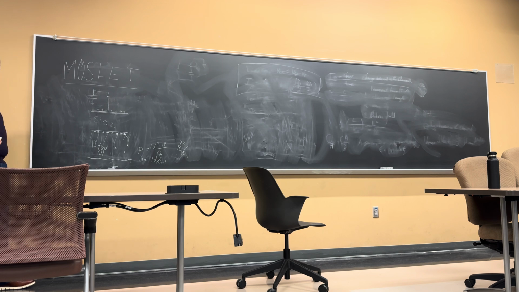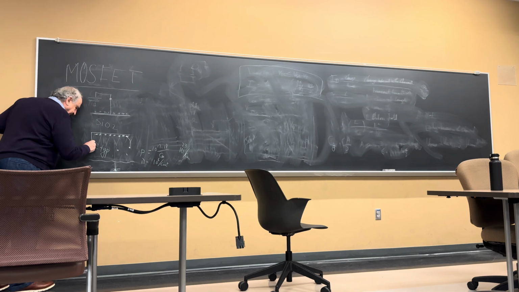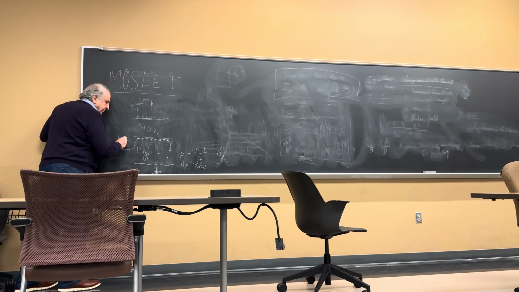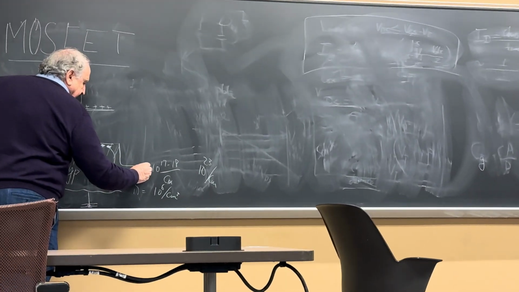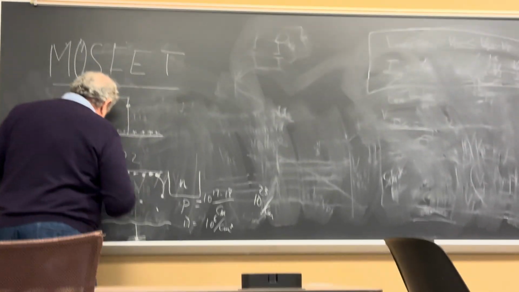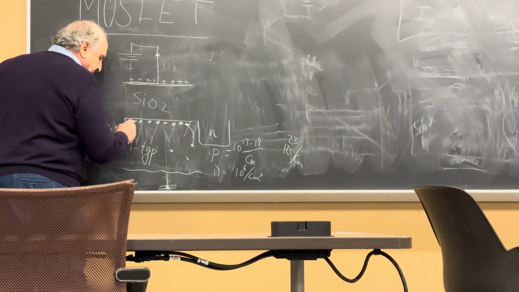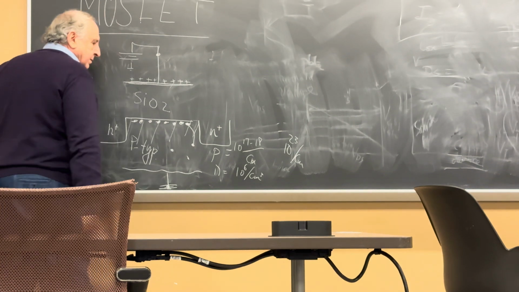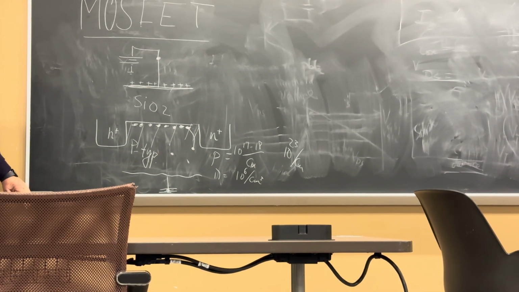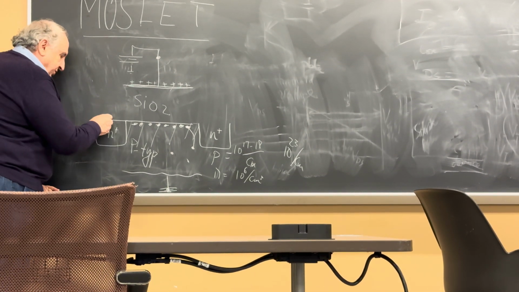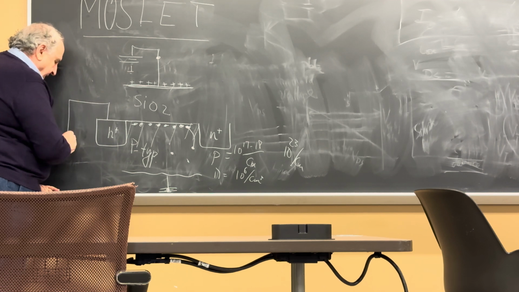Now, here is the invention of the new device. I put a bucket in here of N and N. Actually, it's N plus and N plus. All right? Now, I take this side, I ground it.